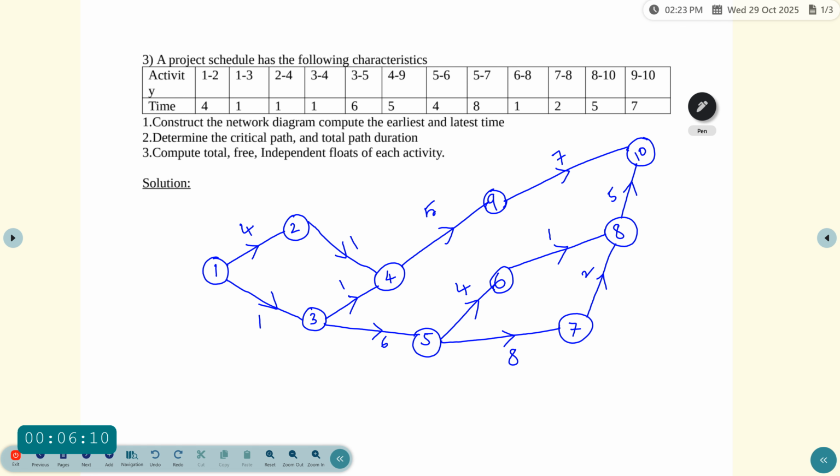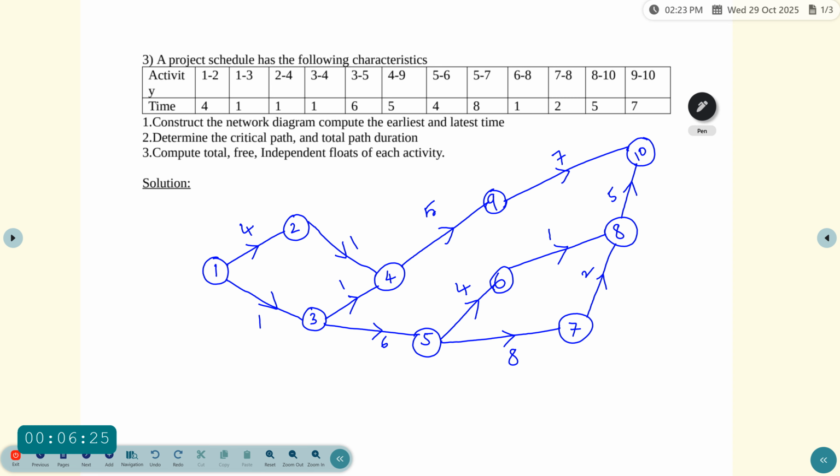See, this is the network diagram. The first activity 1 to 2 has duration 4, 1 to 3 has duration 1, and 2 to 4 has duration 1.